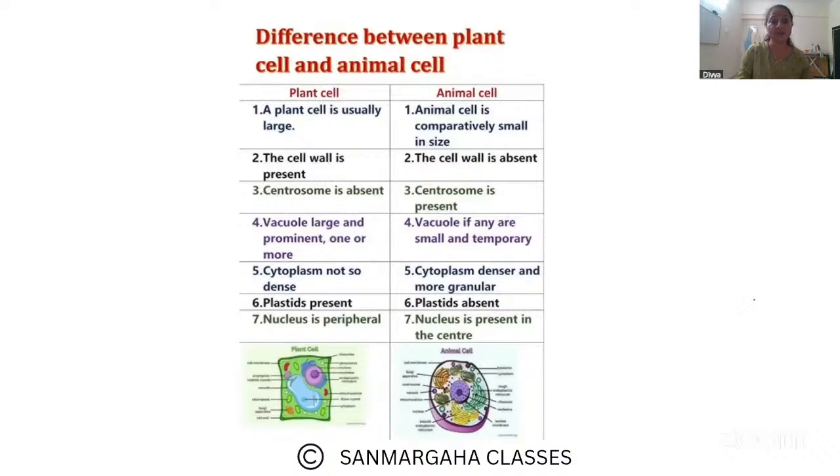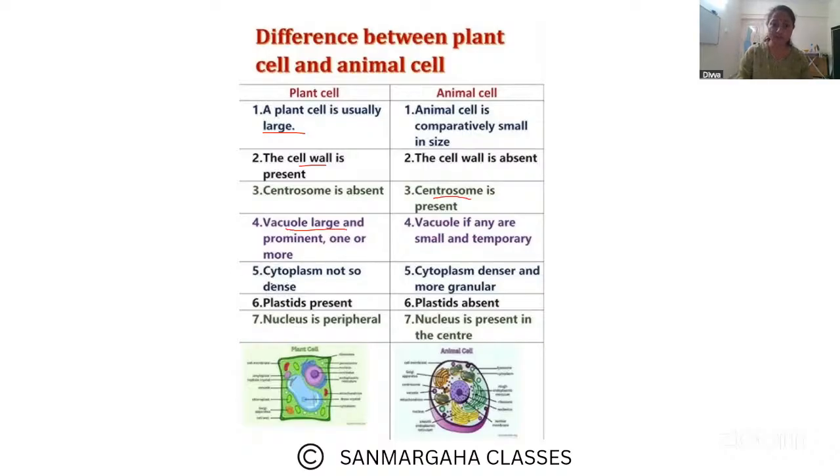Okay, so here the plant cell is usually large compared to the animal cell. The animal cell is smaller. The cell wall is present in the plant cell, whereas the cell wall is absent in the animal cell. Then centrosome is present in the animal cell, whereas it is absent in the plant cell. Vacuole is larger in the plant cell, whereas it is smaller in the animal cell.